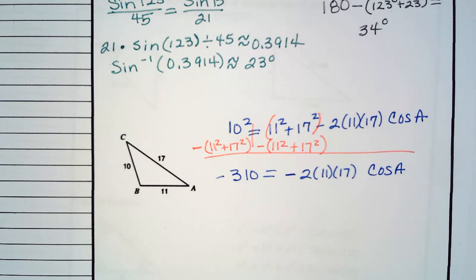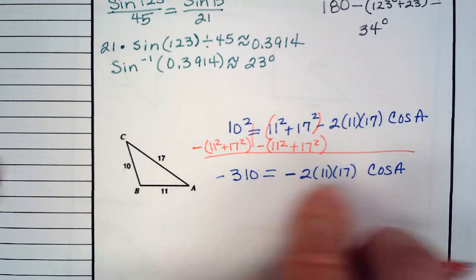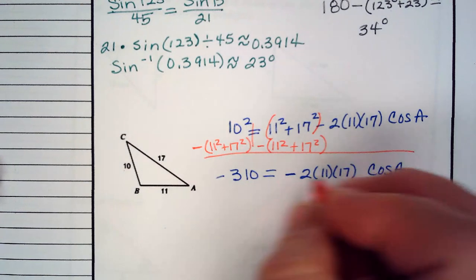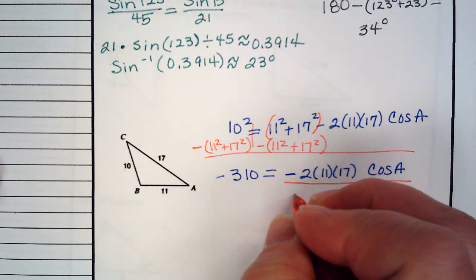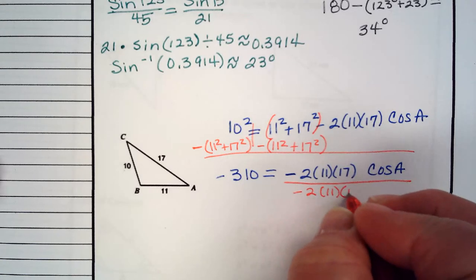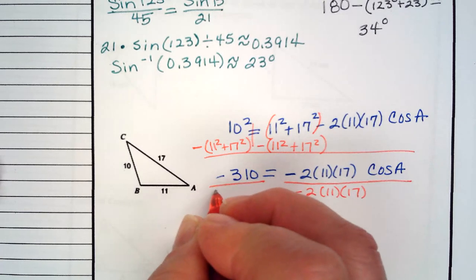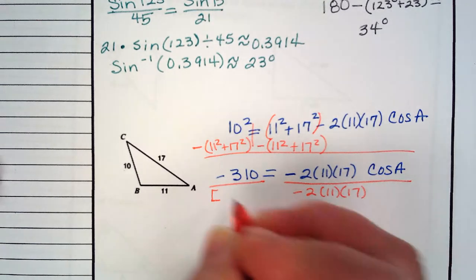Once again, I'm going to chunk it. I've got to get the cosine of A by itself. This is multiplication. The opposite of multiplication is division. I have to use parentheses.